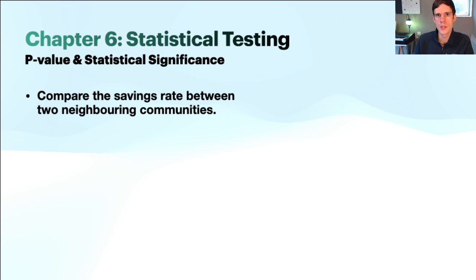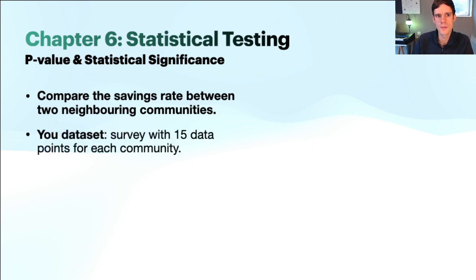And the scenario that we'll be looking at is to compare the savings rate between two neighboring communities. Now, for context, the savings rate is the percentage of income that a person is able to set aside each month. And we're asked to look at whether there is indeed a difference in this percentage between two neighboring communities.